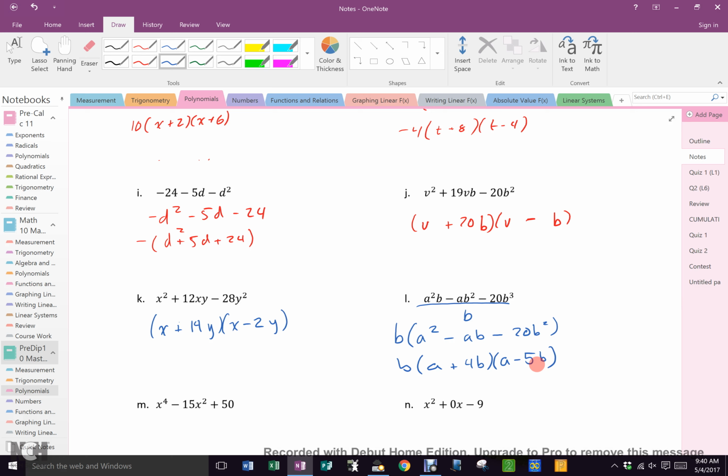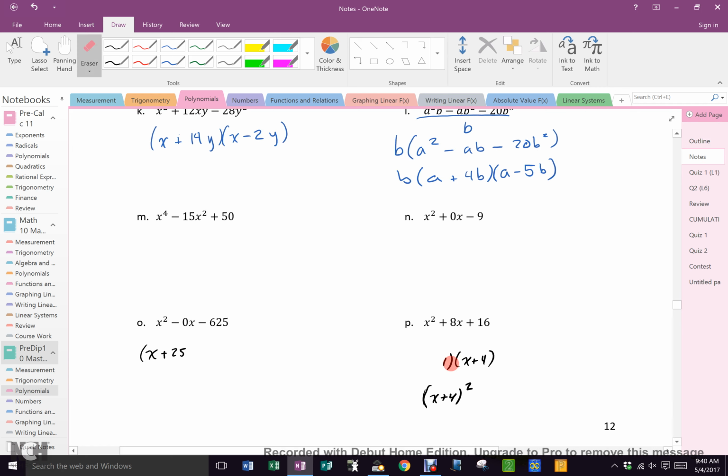Could the answer technically be A plus, let's say, 10B, A minus something, or would it have to be 4 and 5? It has to be 4 and 5, because when you expand it, 4 minus 5 gets me my negative 1. Oh, because A and B are 1? Yes, because there's no number there, right? Everybody cool? All right, that is all first level wrinkles.